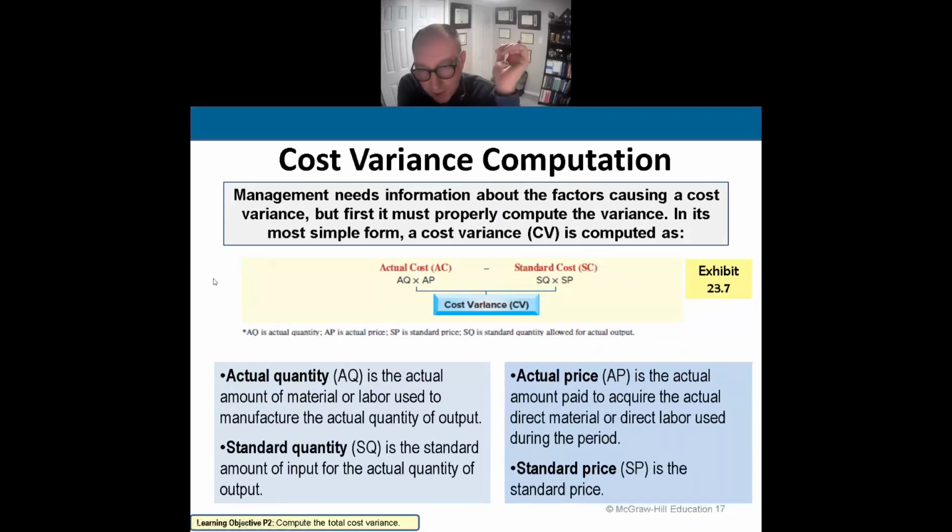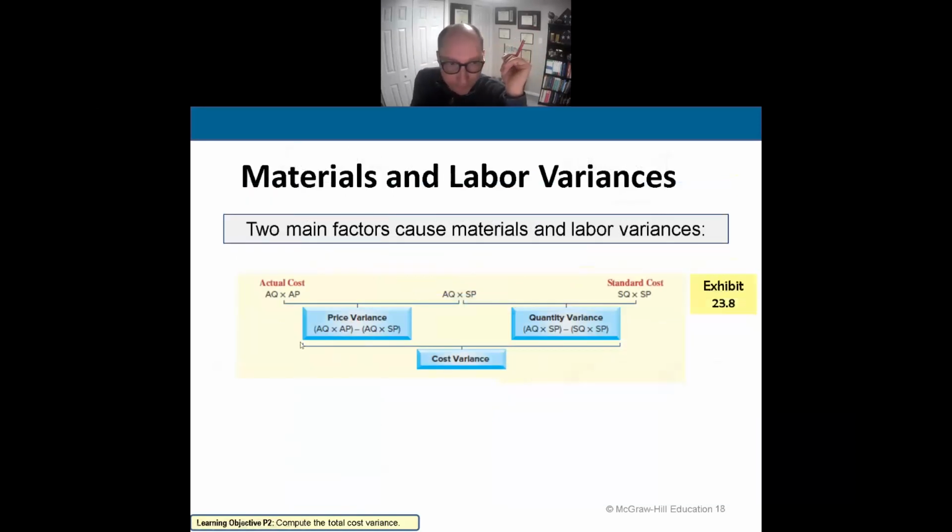So remember, we find the variances for both direct materials and direct labor. For direct materials, it's the actual quantity of materials. For direct labor, it's the actual hours. So just keep that in mind. For materials and labor, there are two primary factors that cause a variance.